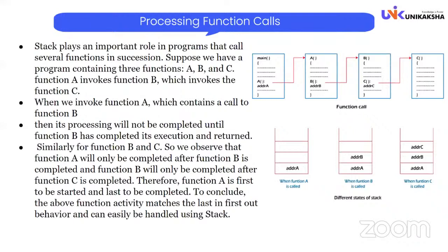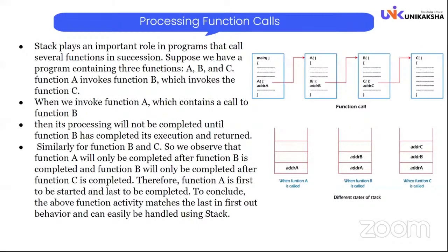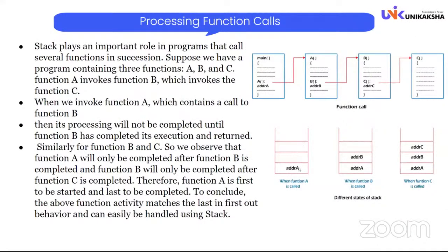So now here is the answer for you: the stack data structure is sitting behind and helping you with everything. So look here. First of all, the address of A, that is function A, and then B, then C. These are the different states of each stack, and it works based on priority and then shows the output. Whatever you want to call, you can do that.